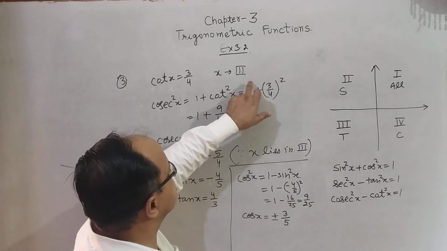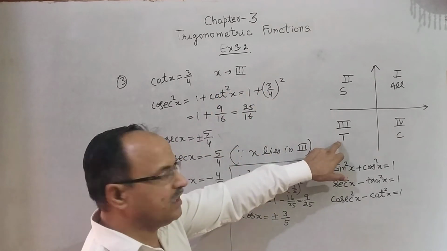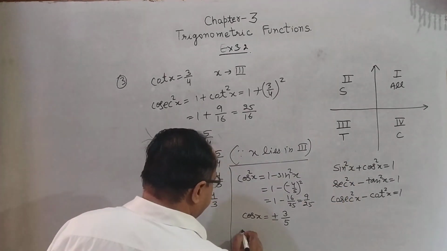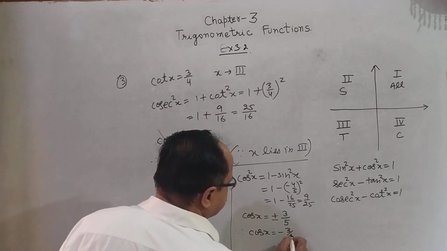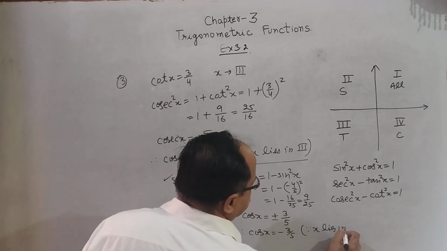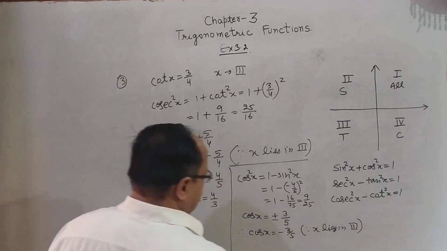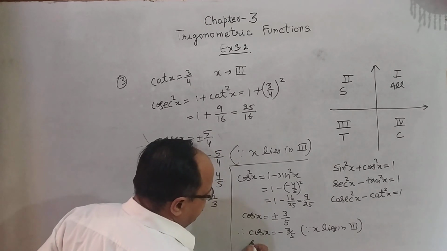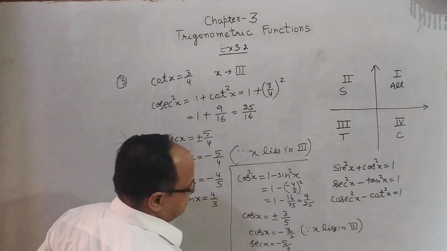But x lies in the third quadrant, and in the third quadrant only tan and cot are positive. Therefore cos is negative. The value of cos is minus 3 by 5, therefore the value of sec x is minus 5 by 3. Clear?